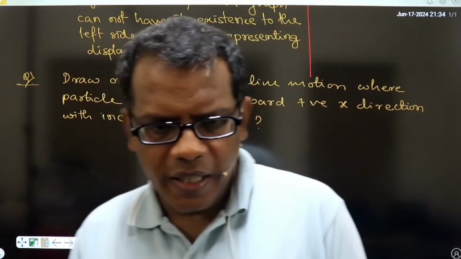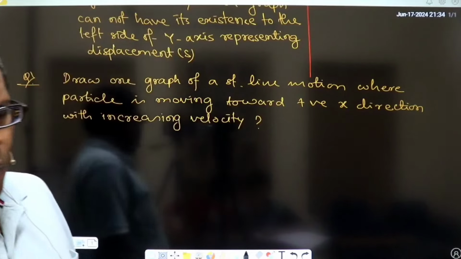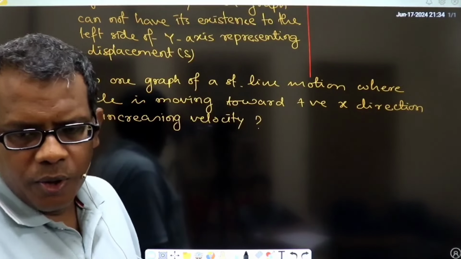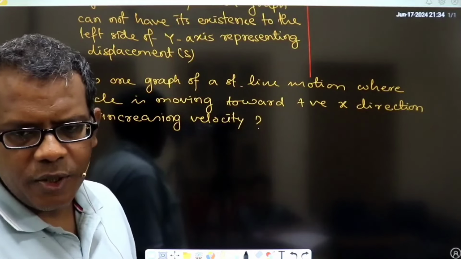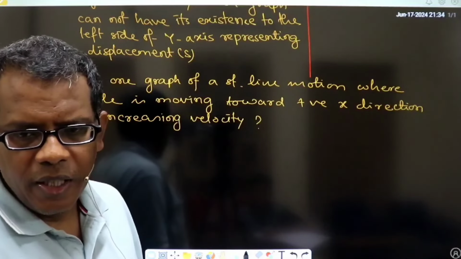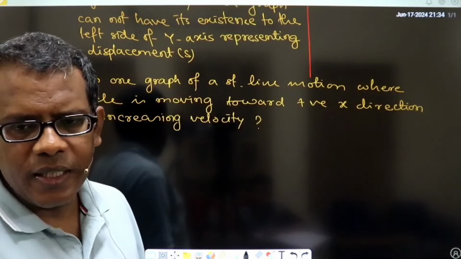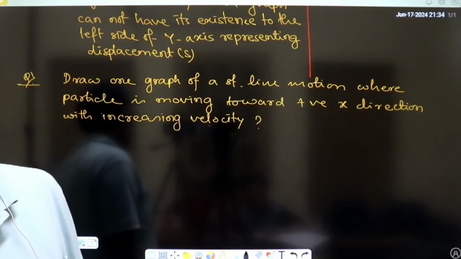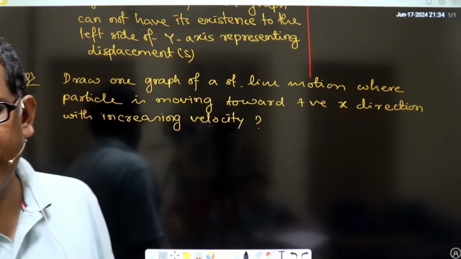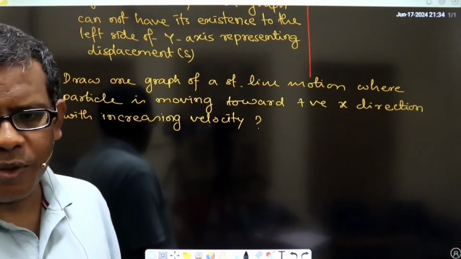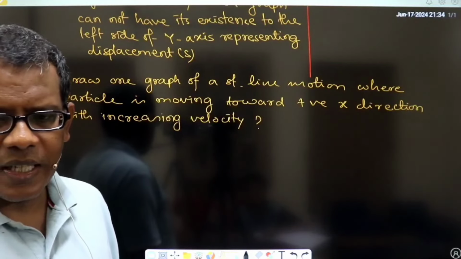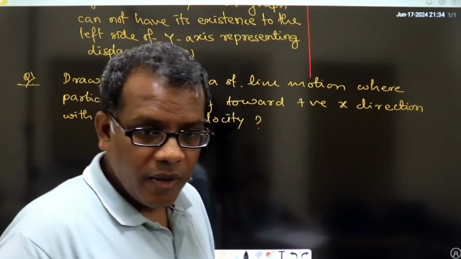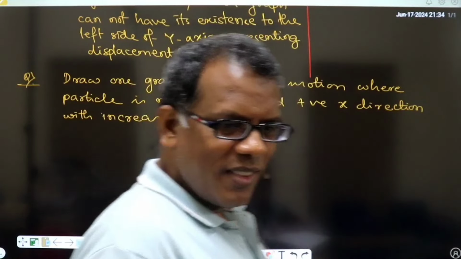The slope of an S versus T graph always speaks about the velocity of the particle. So velocity increasing means you have to draw the graph so that it has continuously increasing slope, from one position to the next. It will be a curve.